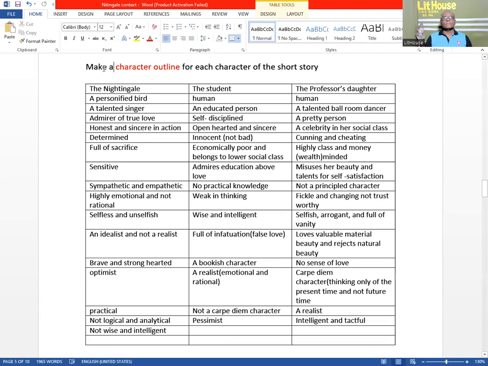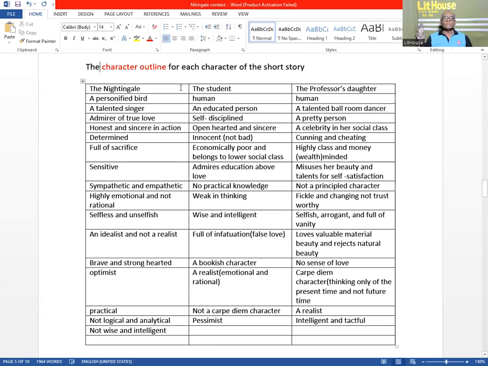Character outline. Right? For each character of the short story. Now look at this table, this grid. You can see it.